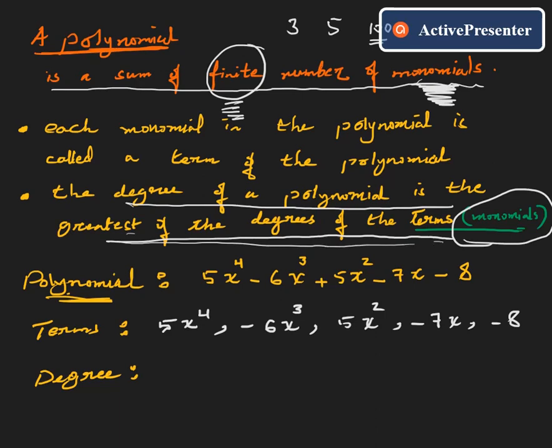Here the degree is 4, here 3, here 2, here 1, and here 0. So the greatest is 4. So the degree of the polynomial is 4.